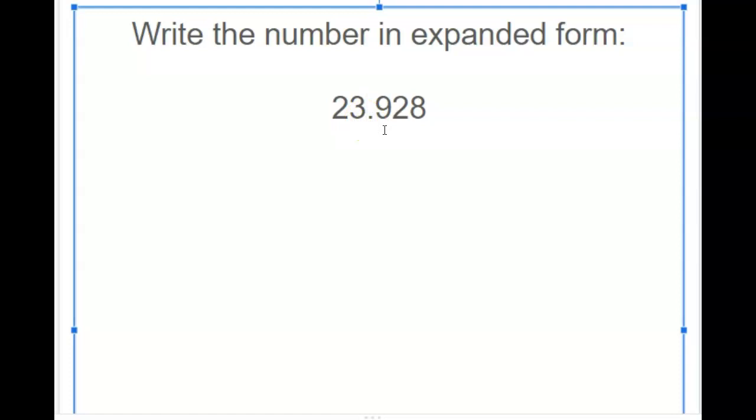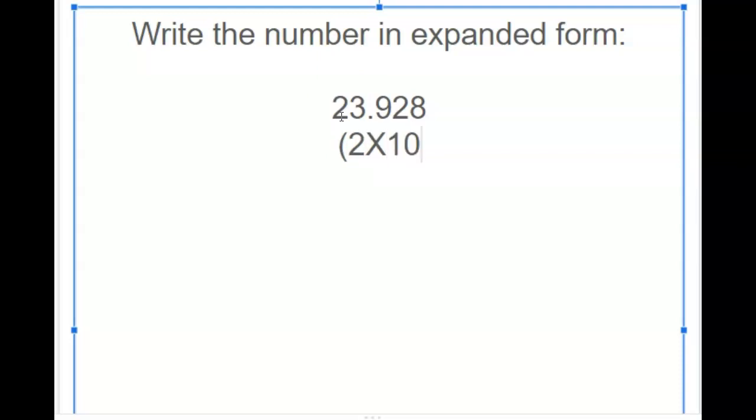So I'm going to start by writing the 2 in expanded form, which is 2, that's a number, and we're going to multiply that by the place value that it represents. And in this case, it's the tens. So the way that we write the tens is by writing a 10.